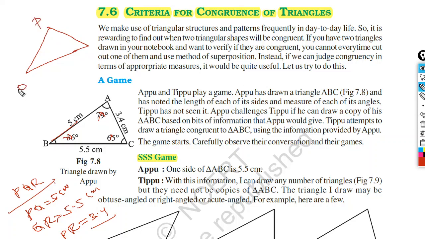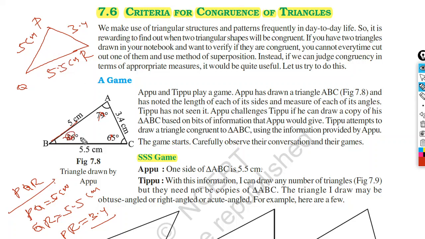Name it PQR. You know how to draw triangles. PQ you will give length 5 cm, QR is 5.5 cm and PR is 3.4 cm.